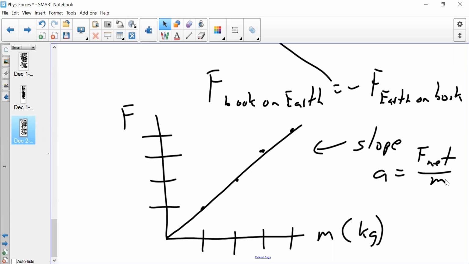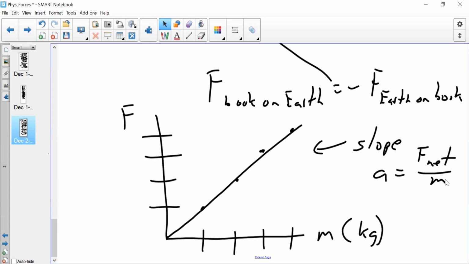There's another set of pictures in this section that you can look at, but I just wanted to summarize and simplify all that data in the context of Newton's second law that we've been talking about so far. So acceleration is net force over mass, and we know that this is a slope equation because it's going to be rise over run, and the force is on the y-axis, so F net is in the numerator and mass is the denominator, and so the common slope would be acceleration in this case.